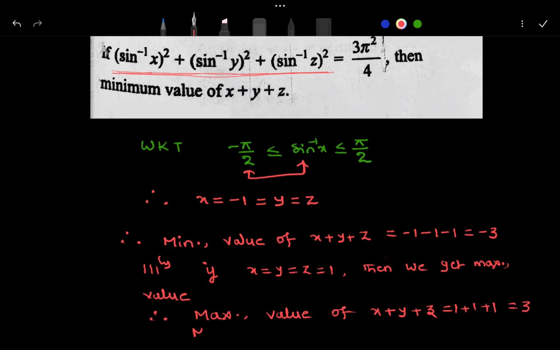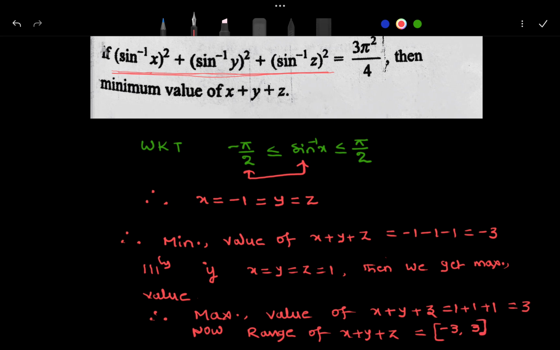So now what is the range formula? Range of x plus y plus z is equal to, what is the value? Closed interval, minimum value minus 3 comma maximum value plus 3. So this is the range.